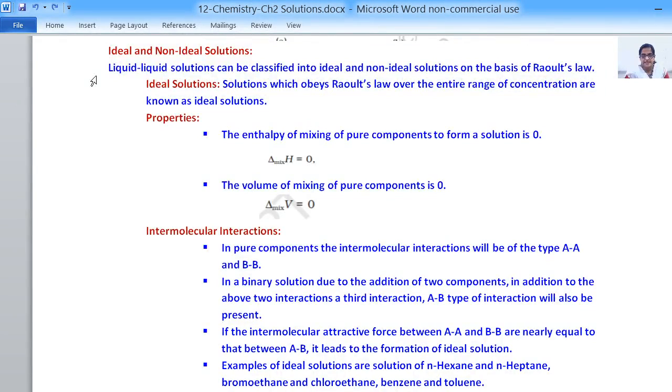Ideal solutions have two important properties. First property, the enthalpy of mixing of the pure components to form a solution is 0. That is, delta H mixing is equal to 0. Here you should understand one thing. A solution is obtained by the combination of a solute with a solvent.